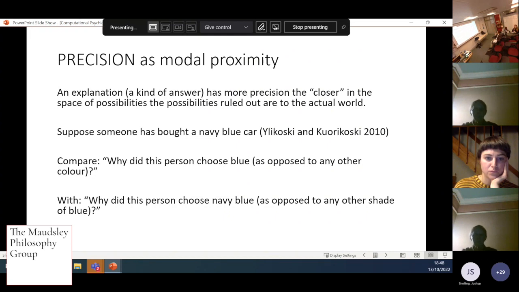Suppose somebody has bought a navy blue car. The question, why did this person choose blue as opposed to any other color? Compare it with, why did this person choose navy blue as opposed to any other shade of blue? This is a more precise question, because blue and navy blue are closer to each other than blue and yellow.